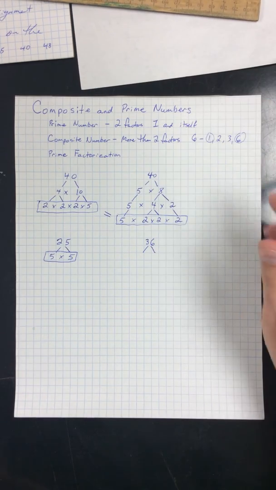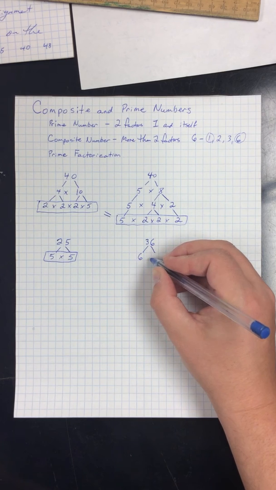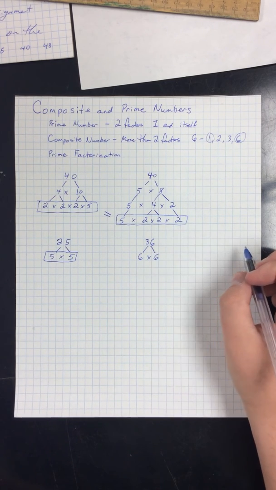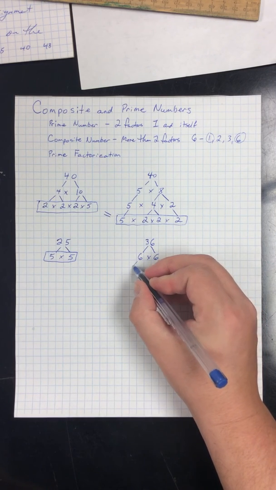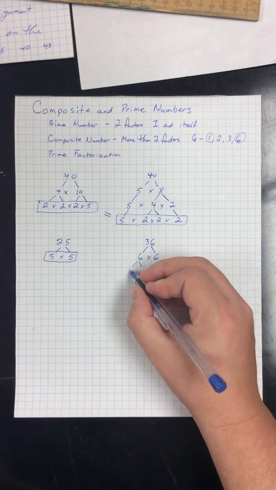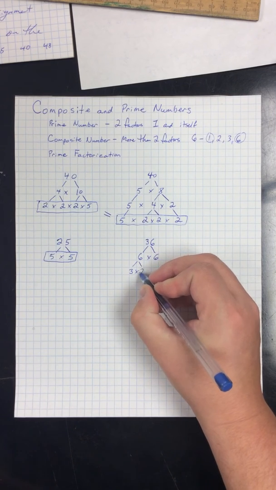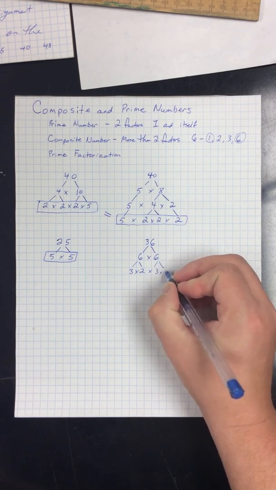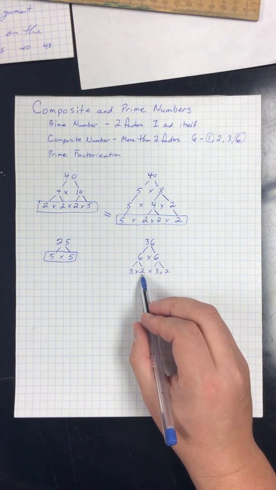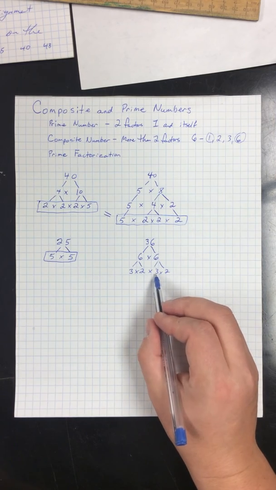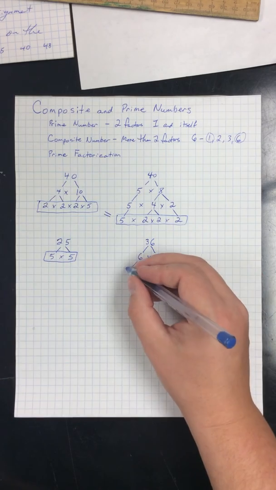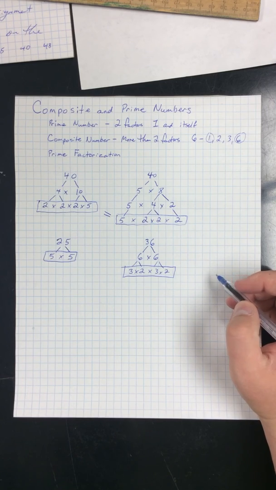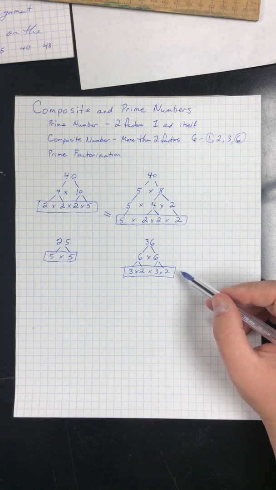And in this case, we could do 6 times 6. 6 times 6 is 36. 6 is composite, so I'm going to continue to break it down. 3 times 2, and 6 again. 3 times 2. 3 times 2 is 6. 6 times 3 is 18. Times 2 is 36. It still works out. So the prime factors of 36 are 3, 2, 3, and 2.